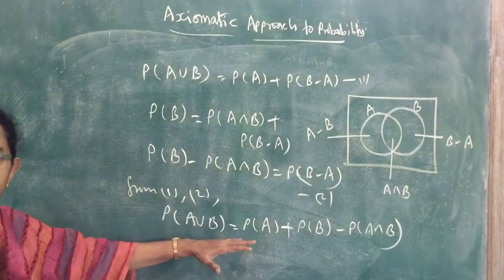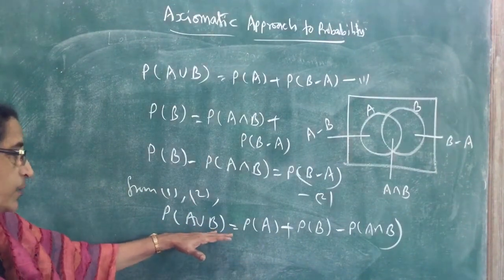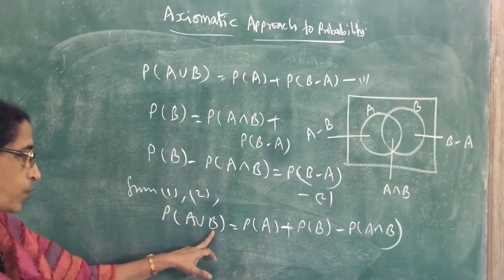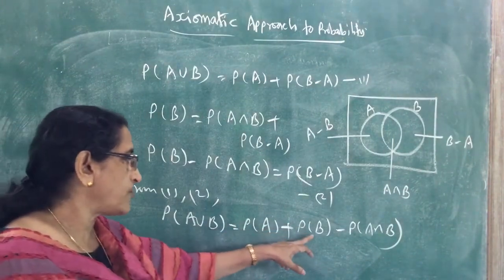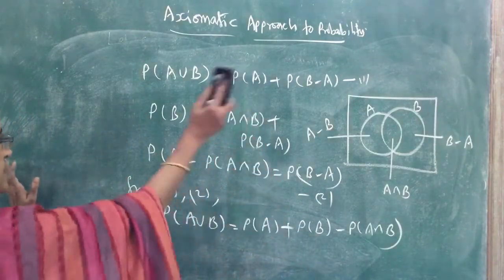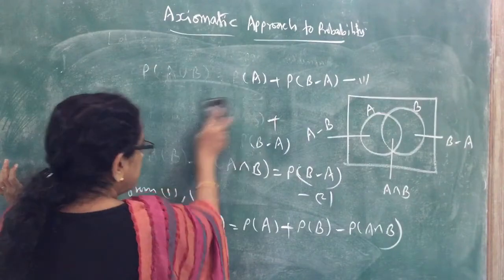Standard formula, very important formula. Probability of A union B. If A and B are any two events, probability of A union B equal to probability of A plus probability of B minus probability of A intersection B. Now, one more condition we have to remember.